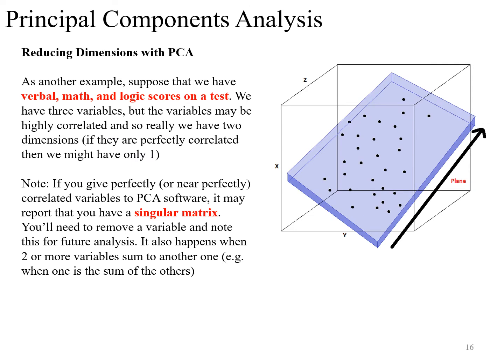Going to higher dimensions, suppose we have a test and we test verbal, math, and logic exercises, and we get 3 different scores, 1 for each. So we have 3 variables, but the variables may be highly correlated. And so it might be, I don't think it would be in real life, but it might be that we really only have 2 dimensions of data, and that's what's being plotted here. We have X, Y, Z, and those could be verbal, math, and logic.